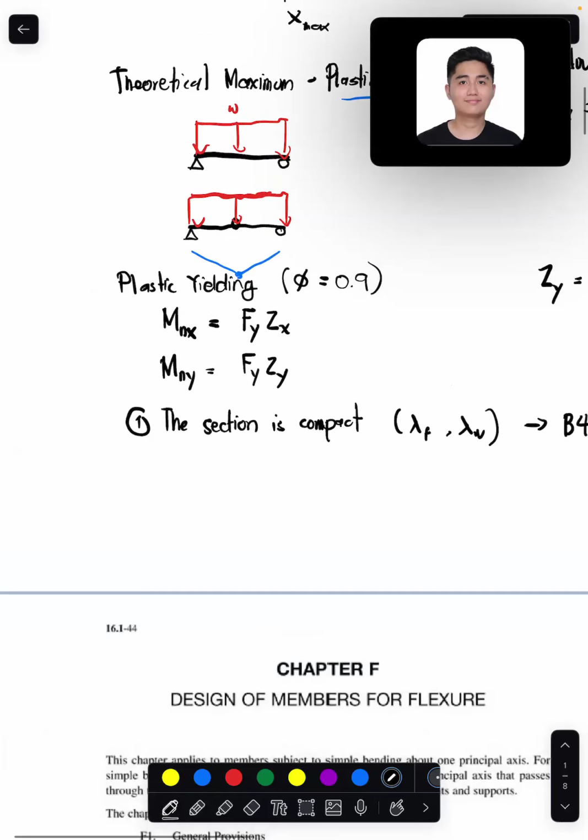Later on, we'll check. Second is that the section is laterally braced throughout.